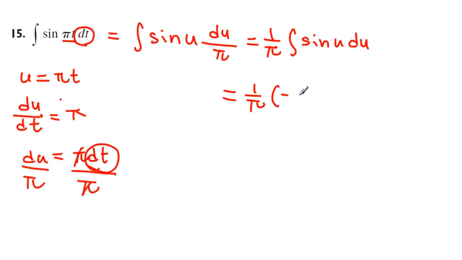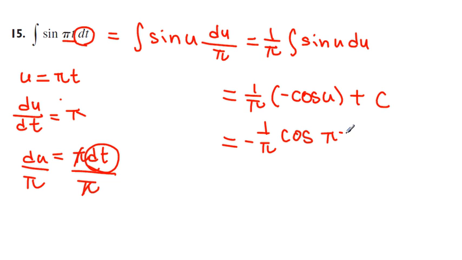It becomes negative cosine of u plus c. Then here we have negative 1 over pi, and cosine of u simply becomes cosine of pi t, and then plus c. That's what we end up getting.